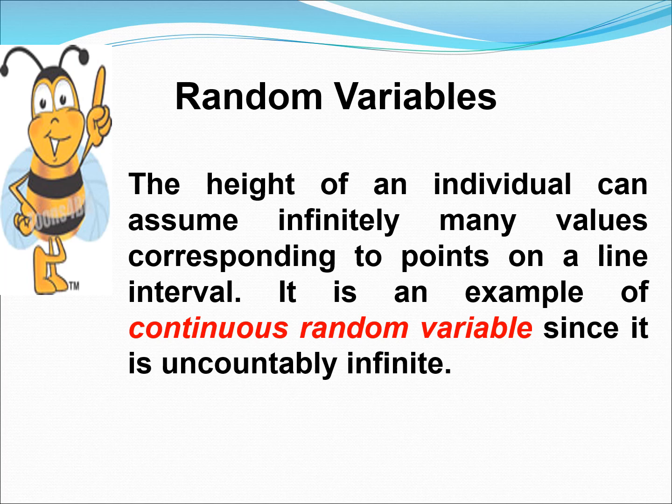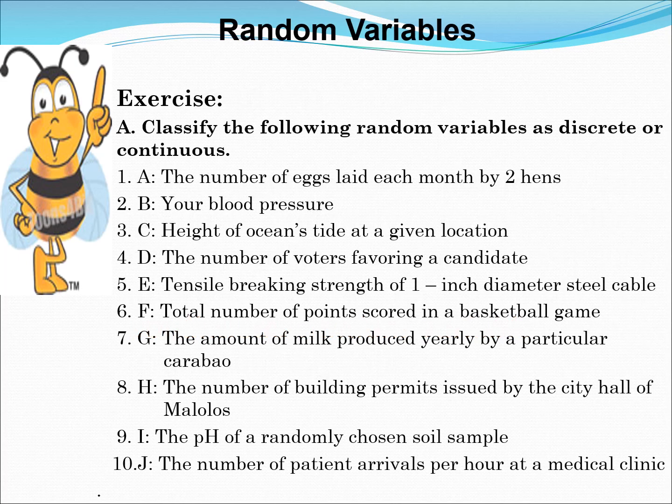It is an example of a continuous random variable since it is uncountably infinite. For your activity, let's exercise: classify the following random variables as discrete or continuous.